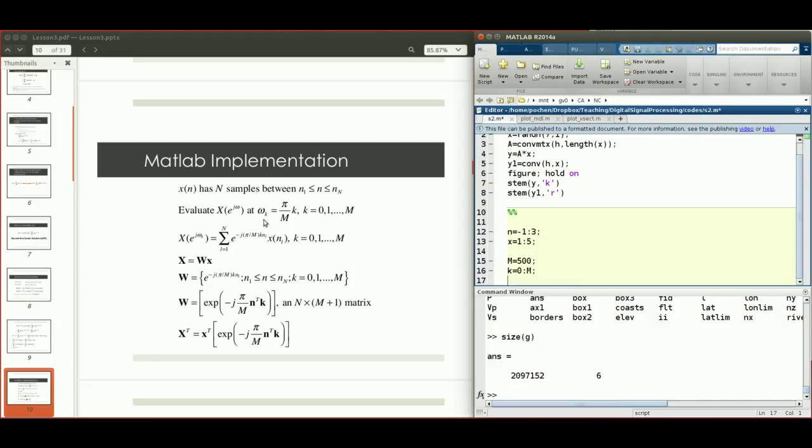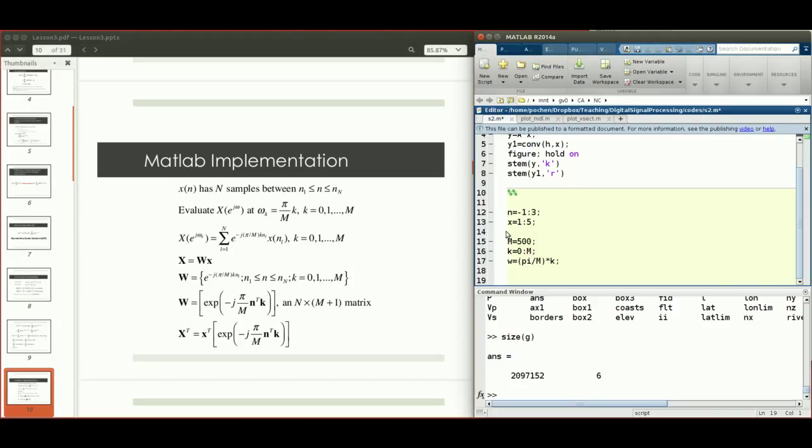And then we can construct omega. We don't really have to type a Greek letter omega, we can just use w to replace omega. So what I'm going to do is pi divided by big M times k. That's it, and that's going to be our omega axis, the frequency axis.